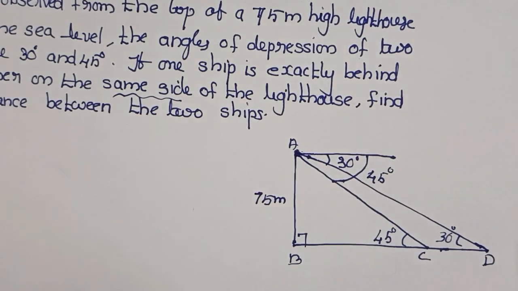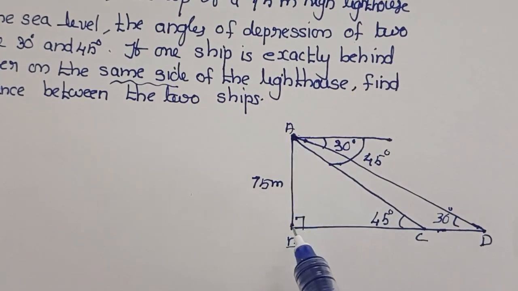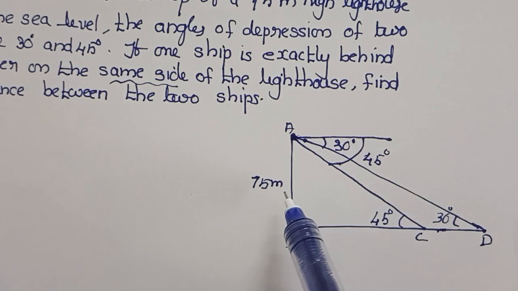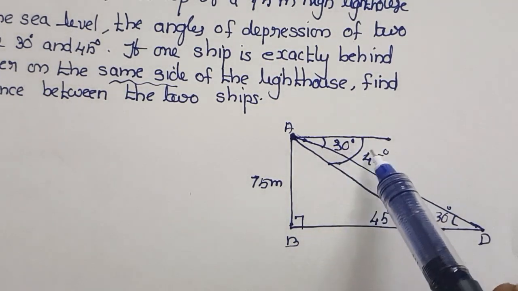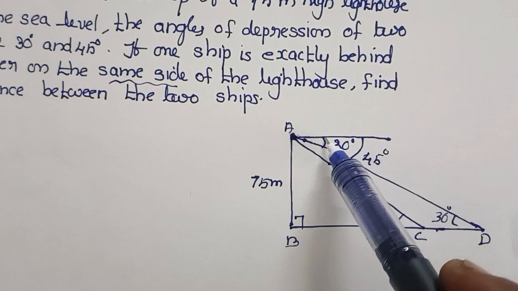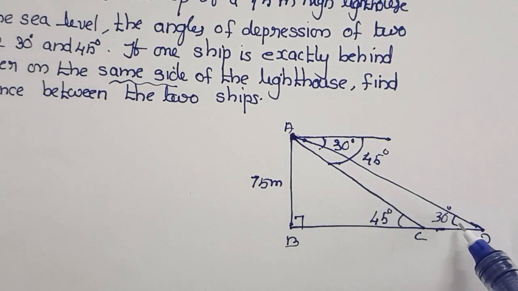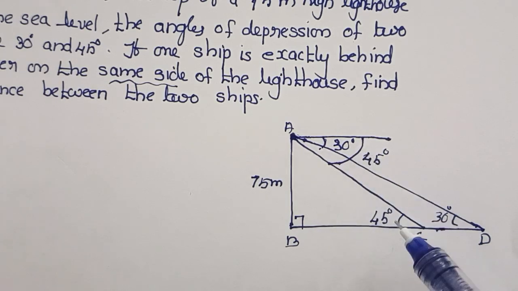It is a lighthouse having 75-meter height, and angles of depression are 30 degree and 45 degree. Since here it is 30 degree, this one will become 30 by using the alternate interior angle theorem. Here it is 45 degree, this one will also become 45 degree.